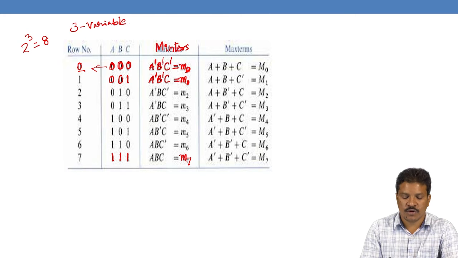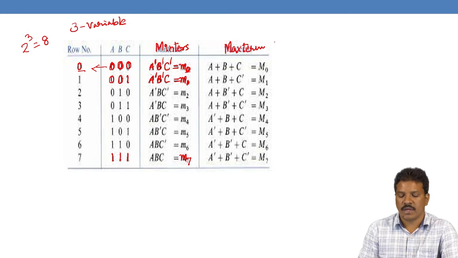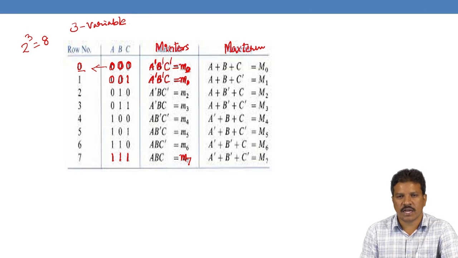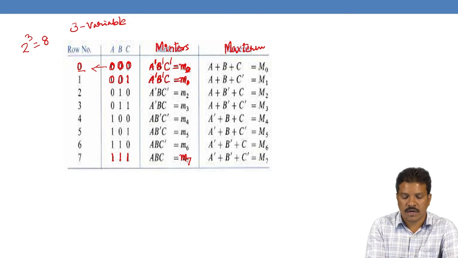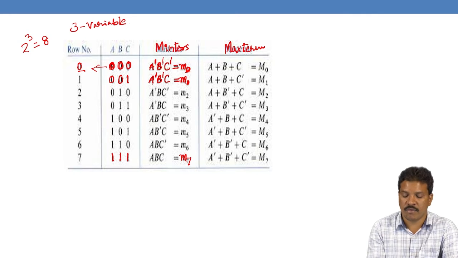Similarly, those Boolean expressions of 8 combinations can be represented with the max term. In the max term we take the OR operator. The max term is nothing but these variables combined with the OR operation, like the plus symbol. In this max term representation, 0 is represented with a direct variable, and 1 is represented with a complemented variable.